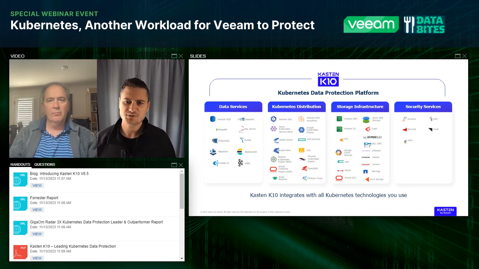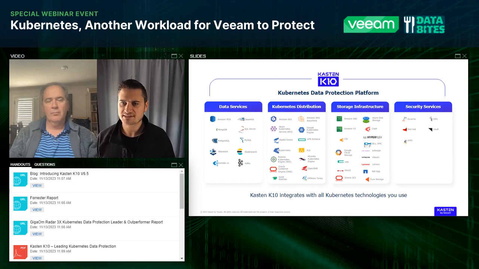Moving to the right here in terms of Kubernetes distributions, this is not all of them that we work with. These are just a subset. But again, hopefully some of these logos or names are familiar to those on this call. Long story short, as long as it's a Kubernetes compliant distribution, we can run on it. We can back up the workloads on it. Key ones that we see in the field a lot are things like Red Hat OpenShift.